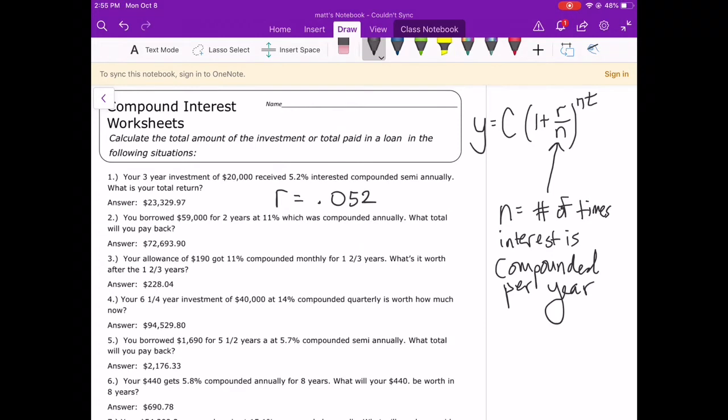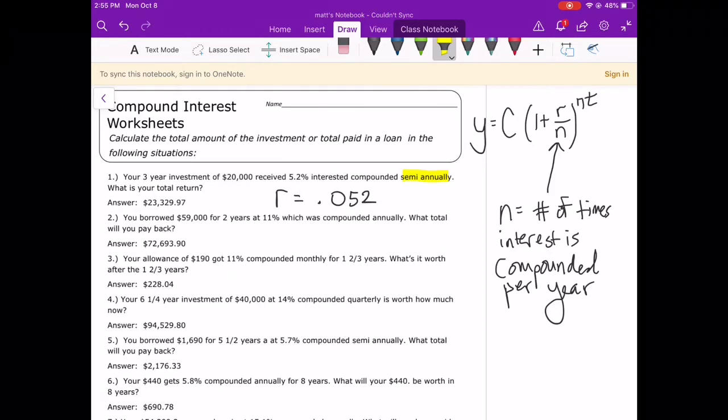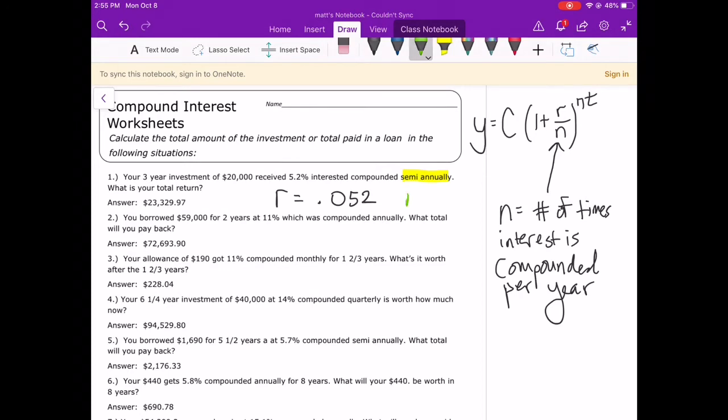It says right here semi-annually. Semi-annually means twice a year. So that means that my n is going to be 2 for this problem. Semi-annually means that I'm going to compound the interest twice per year.